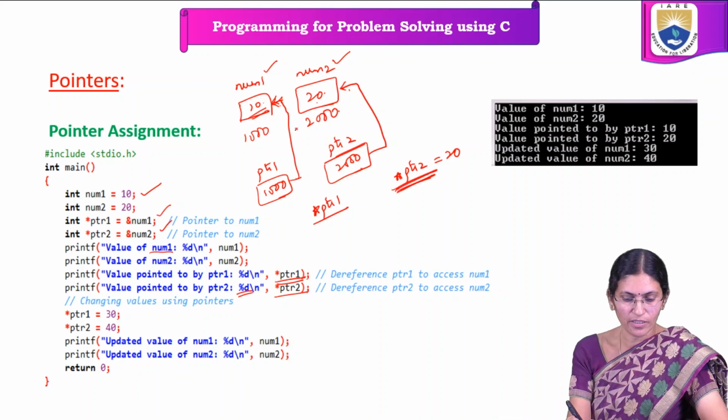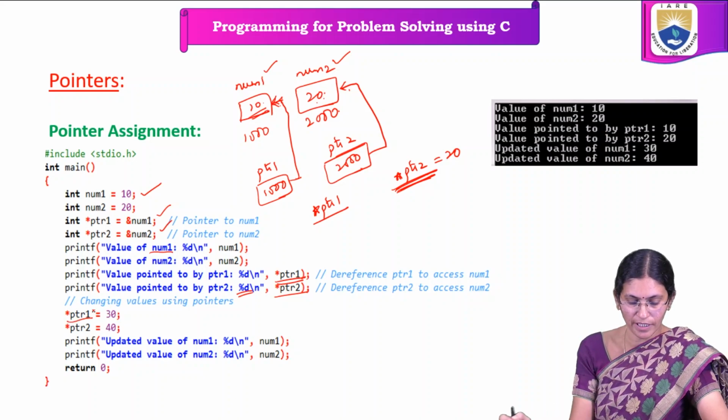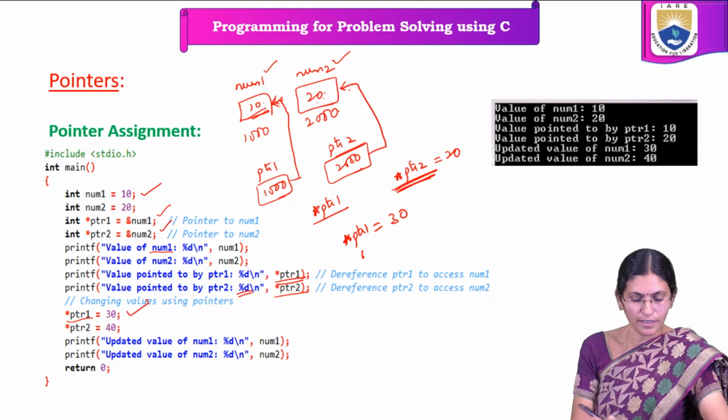Now we can also change the contents of num1 and num2 by using this dereference operator or indirection operator. So now if you change star ptr1 to 30, and then in the next line star ptr2 is equal to 40.